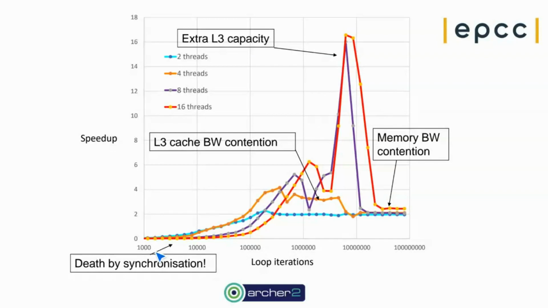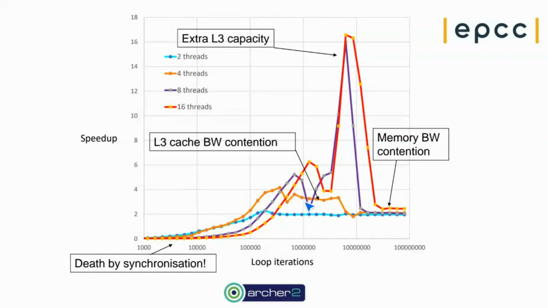We go to 4 threads. We actually do just about attain a speed up of 4 for one particular data size, but then it dropped slightly to a value of about 3 and a bit.